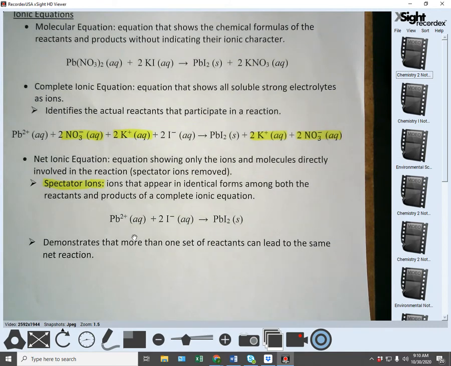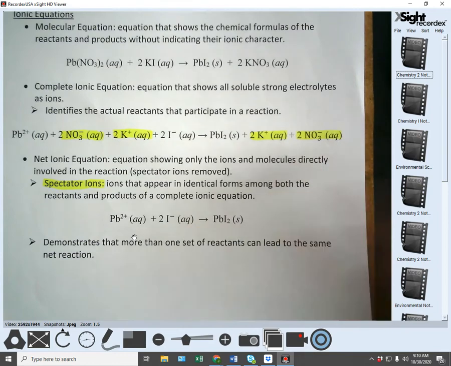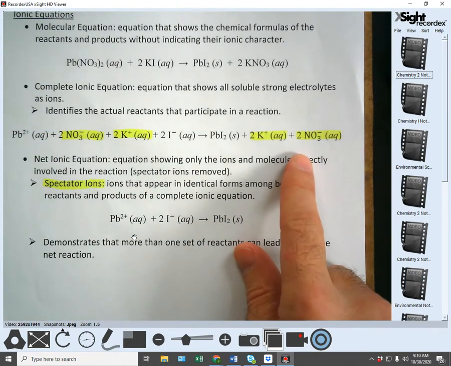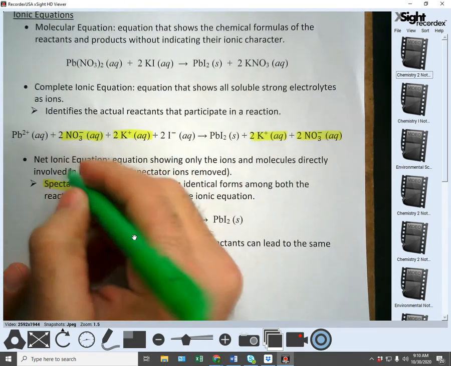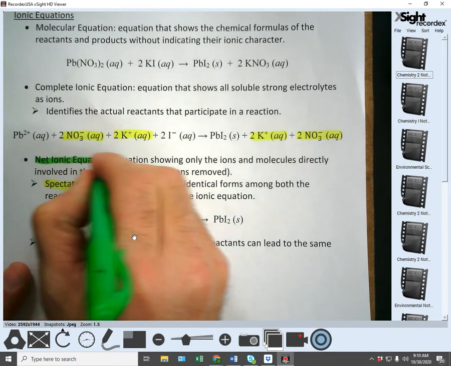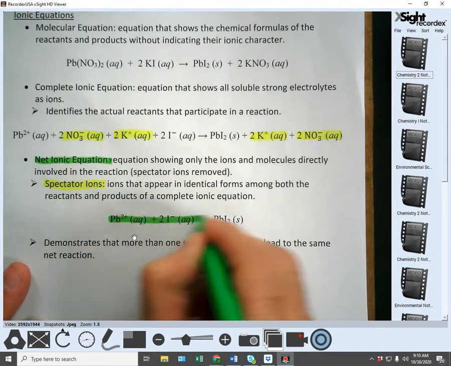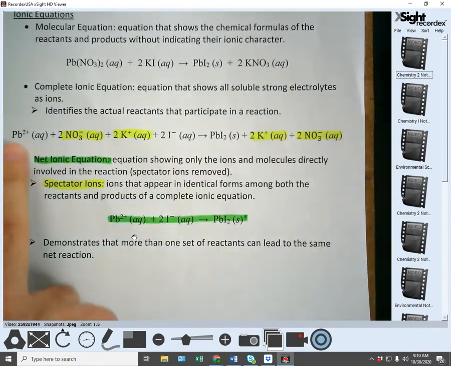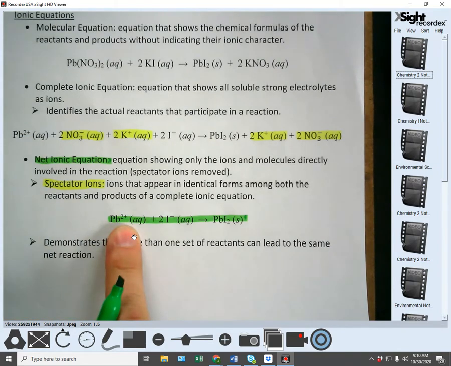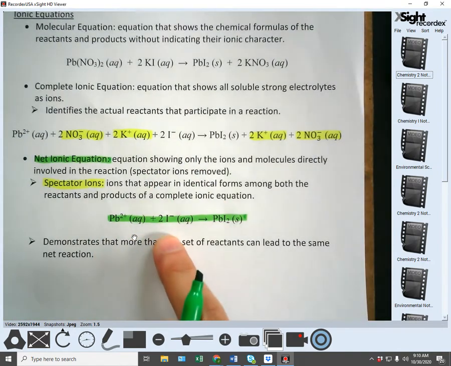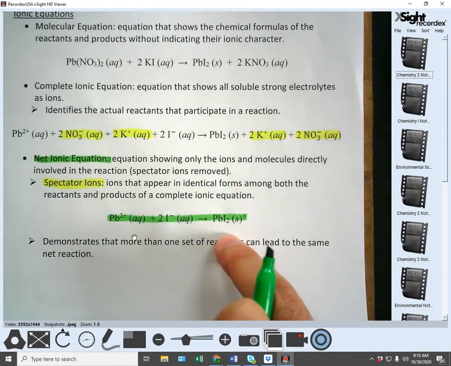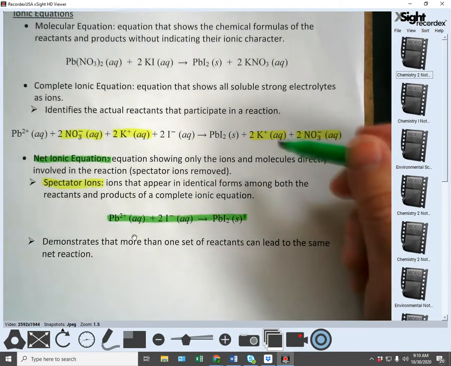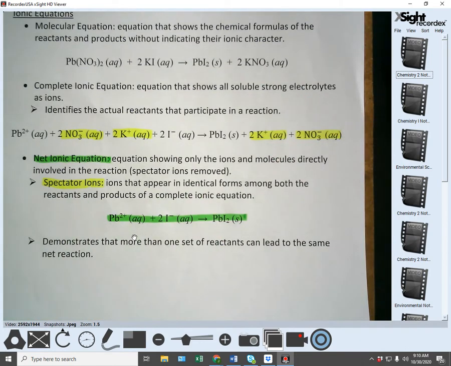All right. So if you take those out of the equation, you end up with the net ionic equation. It's everything else. Pb2 plus aqueous, 2I negative 1 aqueous, yields PbI2 solid. It's just the complete ionic minus the spectators.